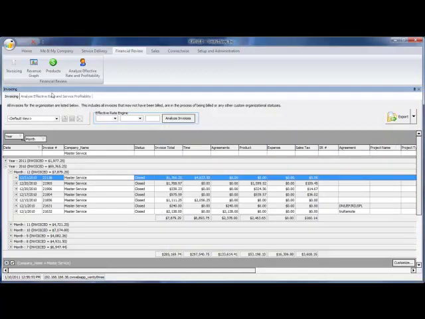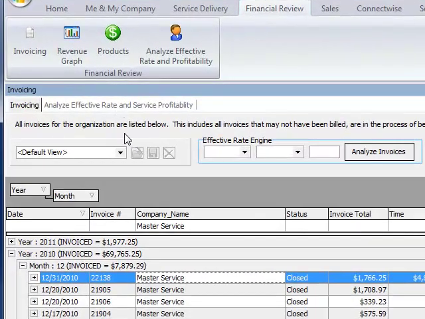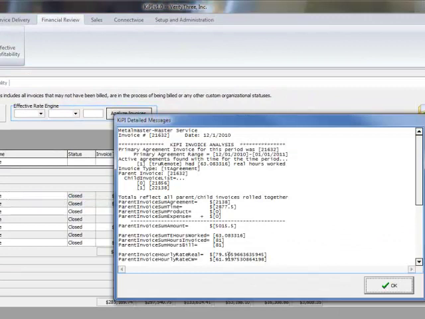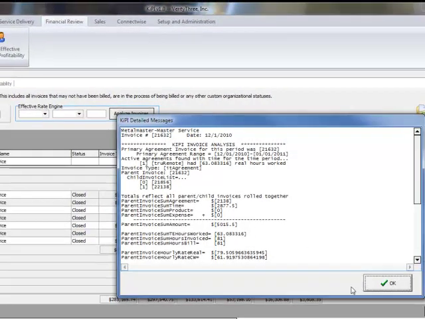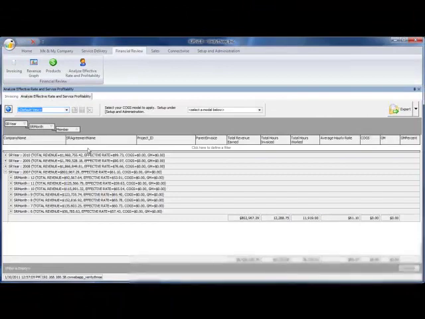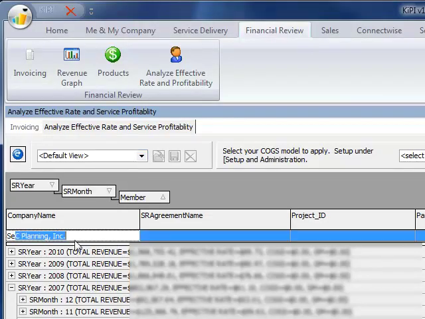Once this is calculated, you can go to Analyze Effective Rate and Service Profitability. And in here, if we remember, the 2 numbers to remember are $79.50, $61.91. The effective rate at this time is focused on the rate that you get for your agreement.